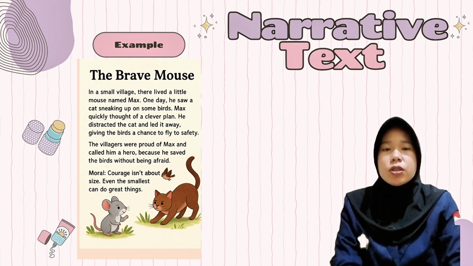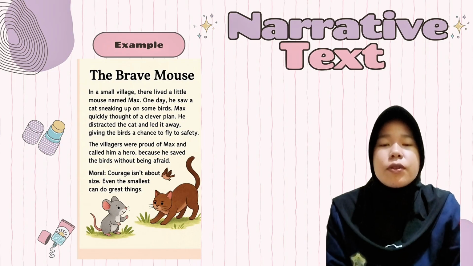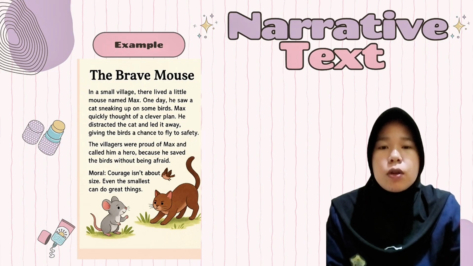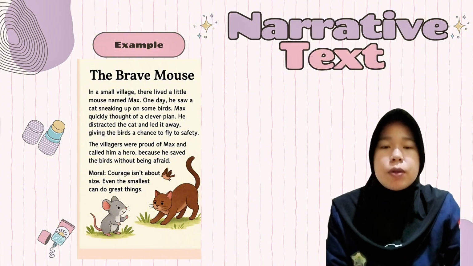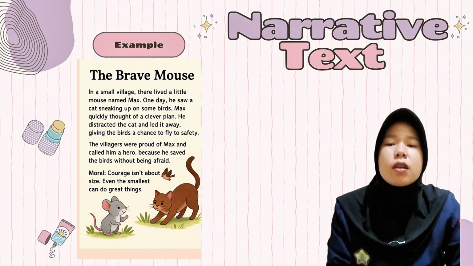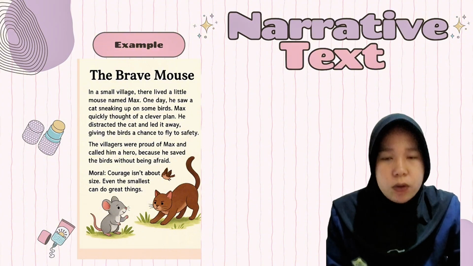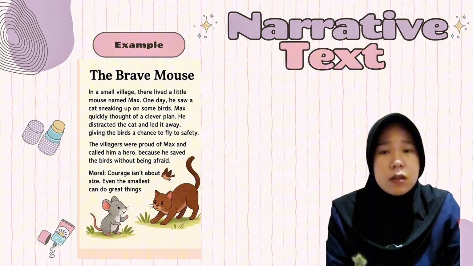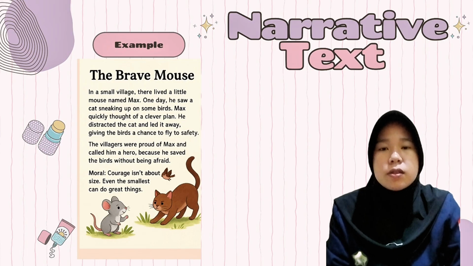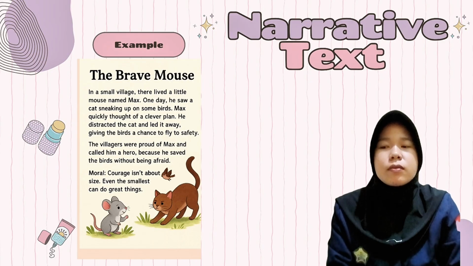Next, the resolution of this story. The villagers were proud of Max and called him a hero because he saved the birds without being afraid. This is the ending of the story. So the problem is solved because the birds are safe and Max becomes a hero.